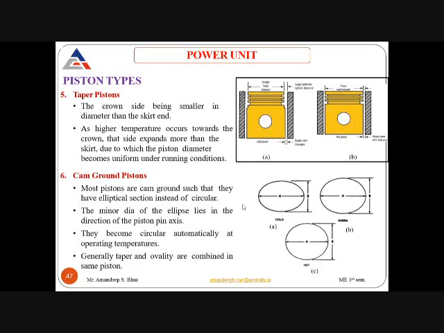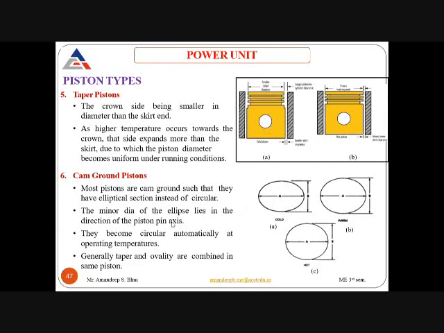Similarly, there is another type of piston, that is your cam ground piston. From the diagram you can see that it is actually an ellipse. The shape of the piston top is elliptical. There is this major diameter A and this minor diameter B. This is the shape when the piston is cold, under non-running conditions.